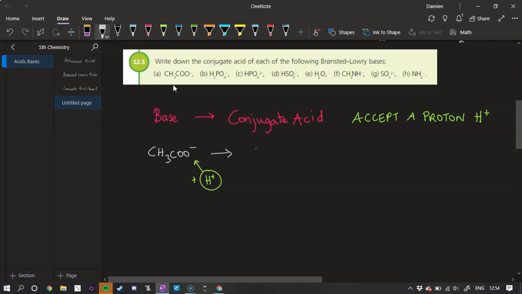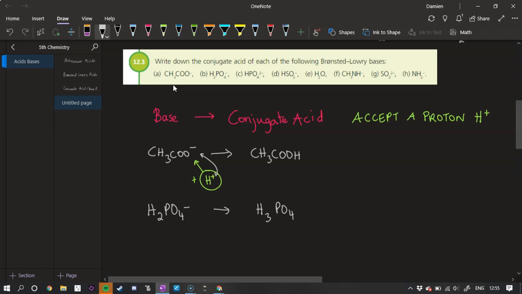Now, when that happens, you end up with CH3COOH. So that's it there. The H+ and the negative combine to give you a neutral molecule. So H2PO4-, add the hydrogen on, H3PO4.